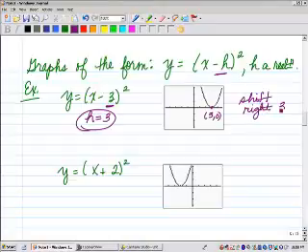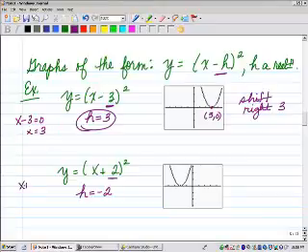Okay. Now y is equal to x plus 2 squared. In this case, the value of h is negative 2. And again, that's because we have a minus sign in here, so we have to do the opposite of this to find out what the h value is. Another way you can think about it is what value makes that inner expression equal to 0, and that could also determine your value of h.